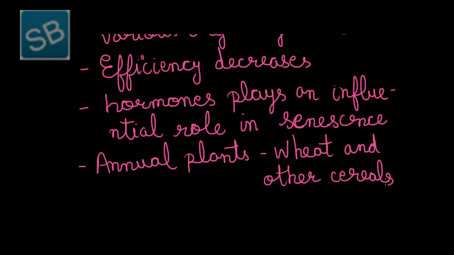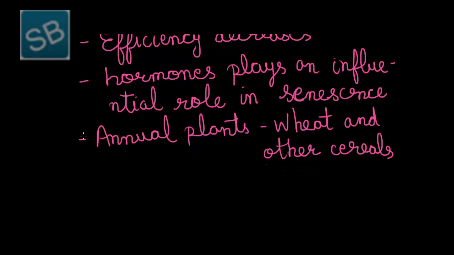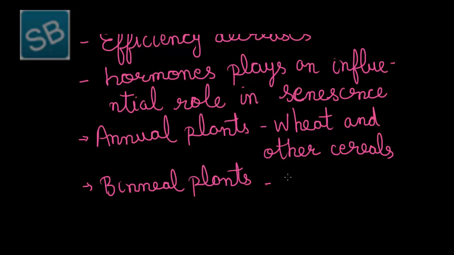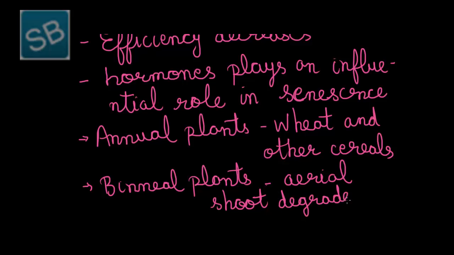It also occurs in biennial plants, but the only difference between these two is that in annual plants, the entire body gets degraded simultaneously, but in biennial plants, initially the aerial shoot degrades and thereby gradually the other organs.